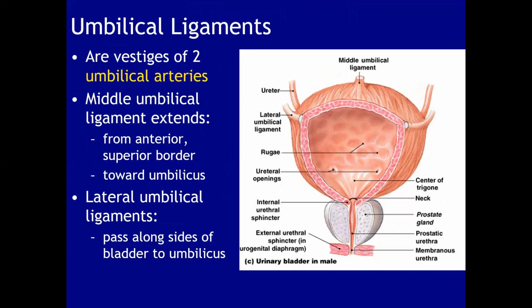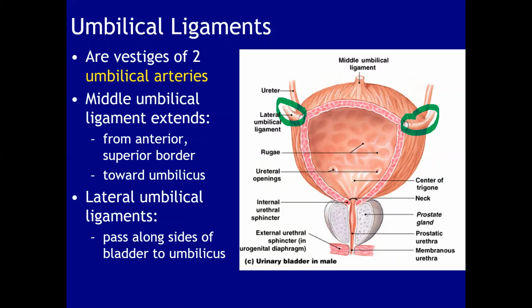Coming off of the urinary bladder, you can see that there are umbilical ligaments. There's one here and one here. These used to be umbilical arteries, and as you develop, they change into these ligaments.